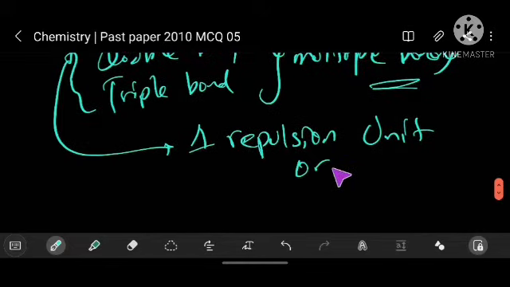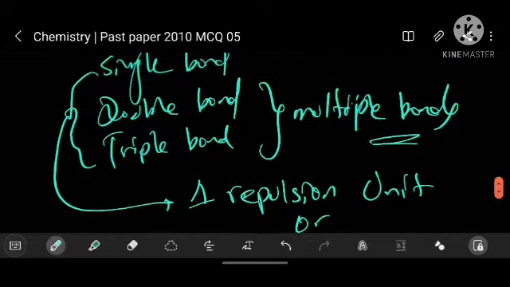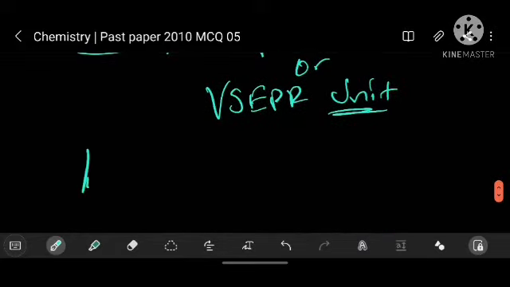But the lone pairs are treated differently. If you have one lone pair, then you have one repulsion unit.